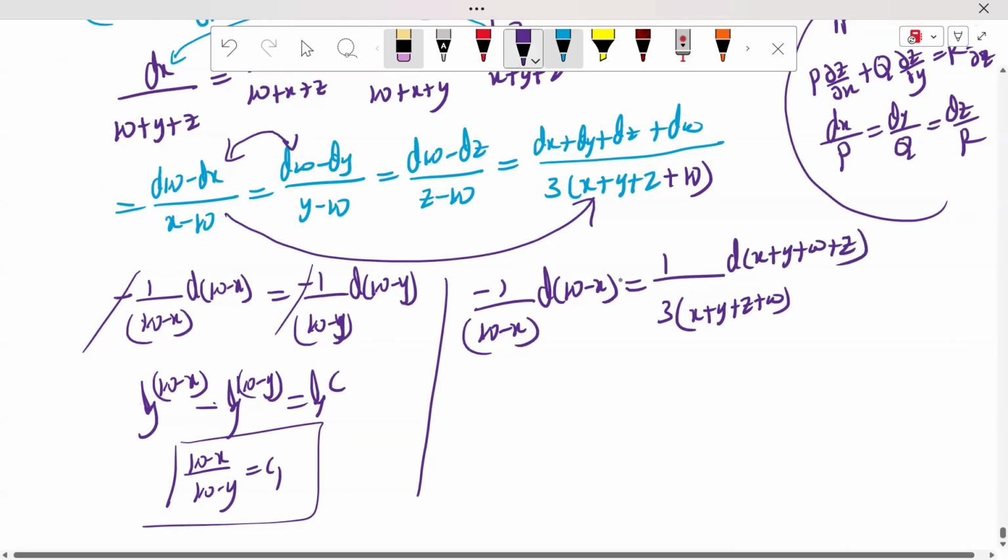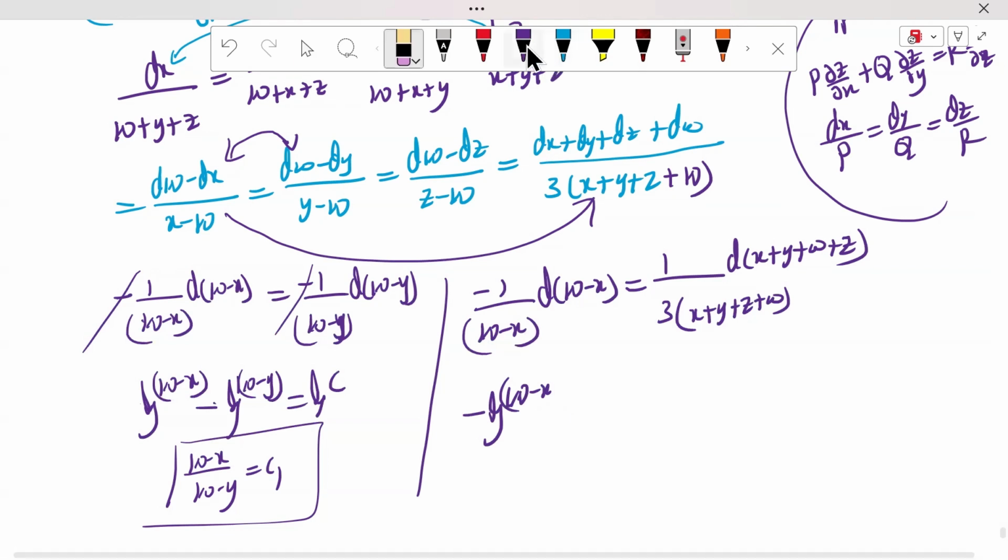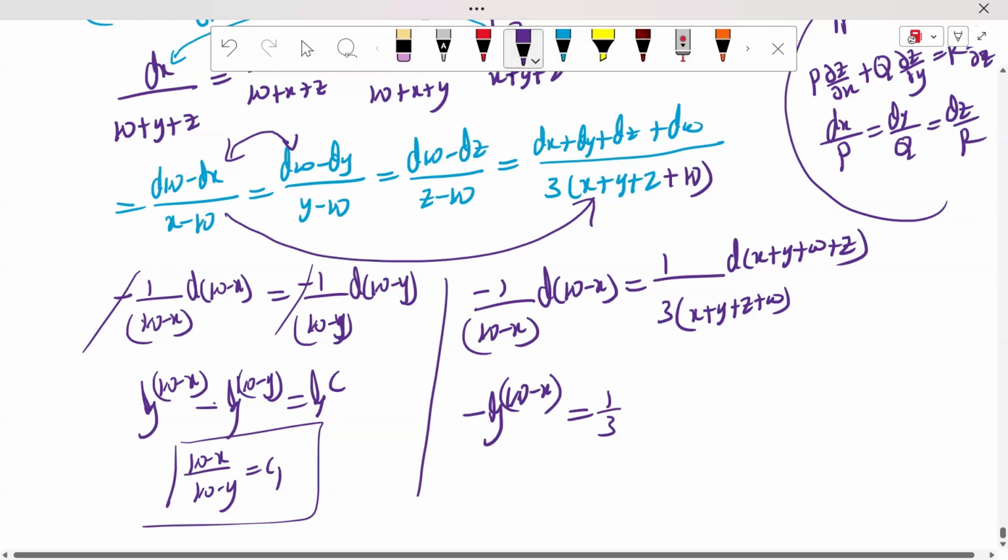So integrating on both sides, it is minus logarithm of (w minus x) is equal to 1 by 3 into logarithm of (x plus y plus z plus w).